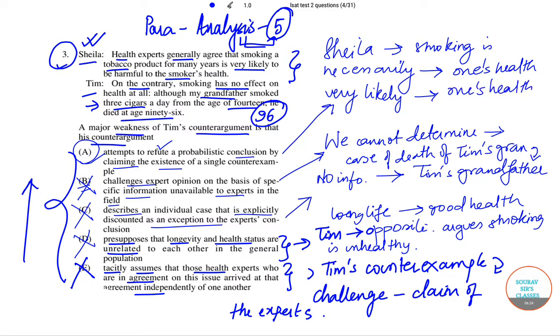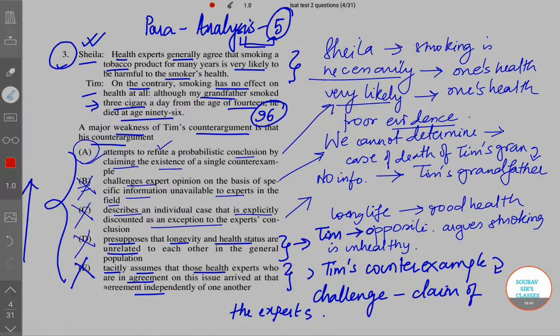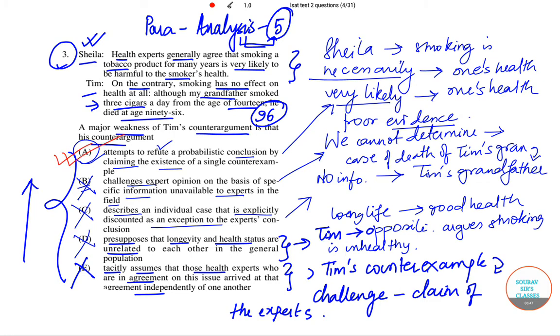So necessarily is the keyword, and very likely. Hence one counter example is actually a poor evidence against the claim that has been made in the beginning of the conversation. So A will be the correct option that must be picked out of the 5 options.